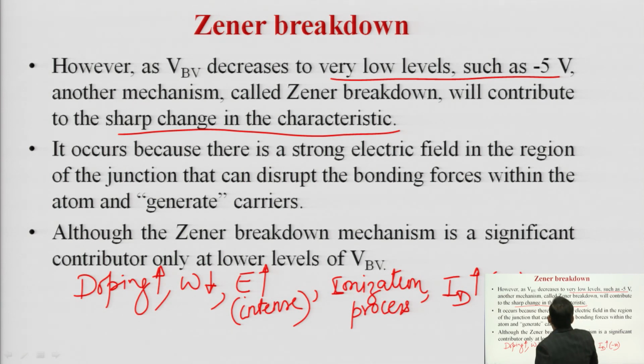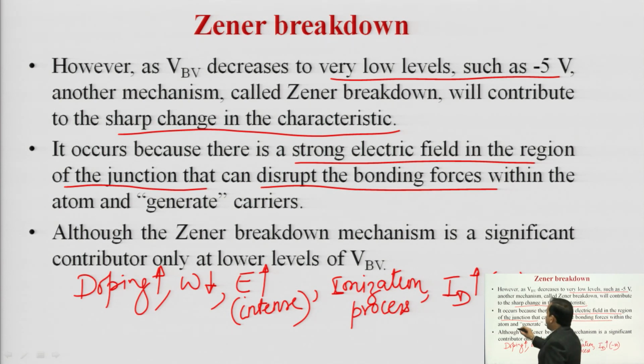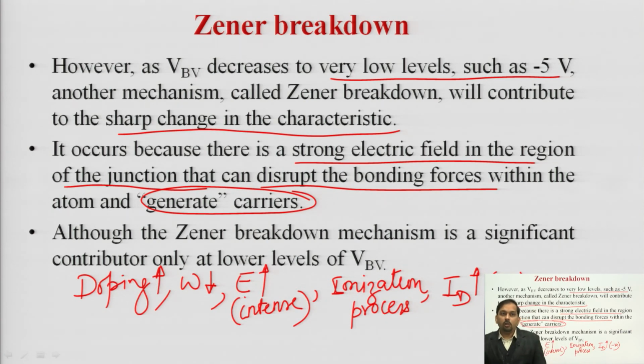It occurs because of the strong electric field in the region of the junction that can break the bonding force within the atom and generate the carriers. This is an important thing. The Zener breakdown mechanism is a significant contributor only at low levels of breakdown voltage, whereas at high voltages we have the avalanche breakdown effect.